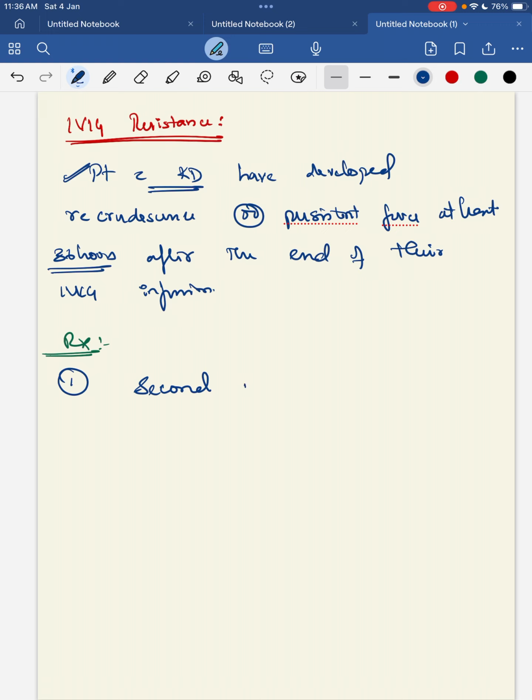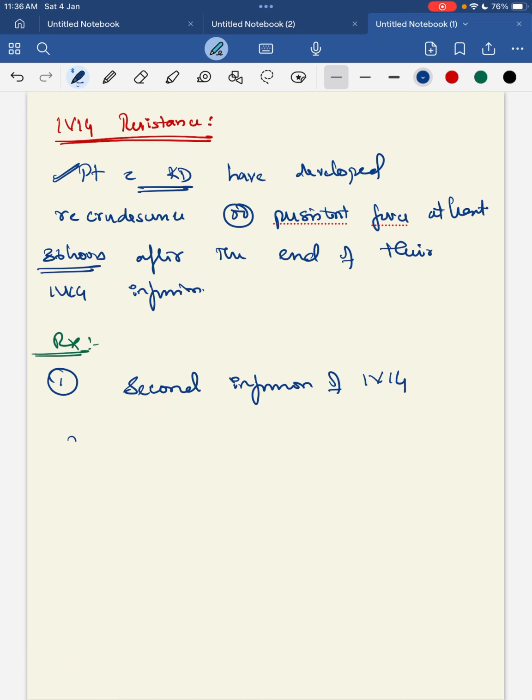Another very important point is regarding vaccination in a Kawasaki disease child who has been infused with IVIG.